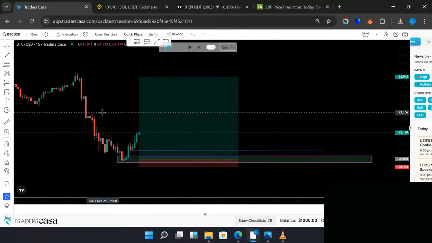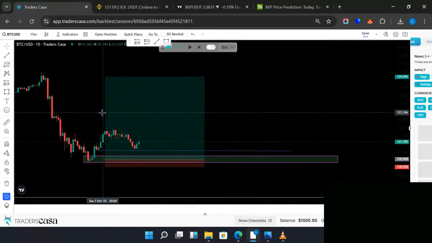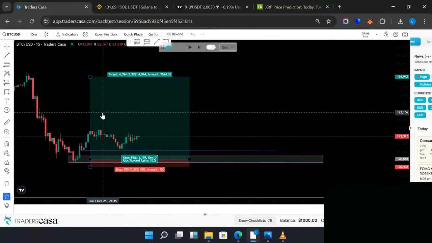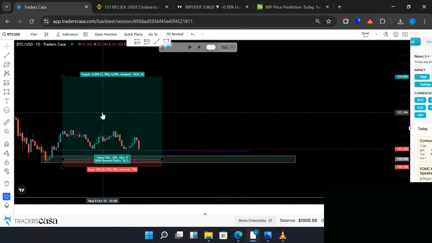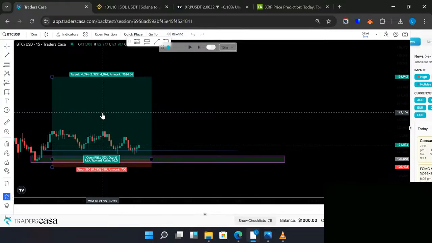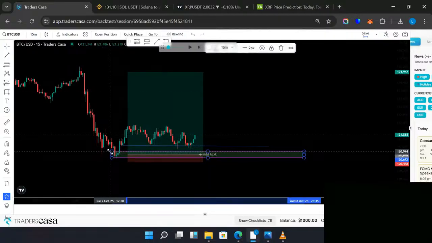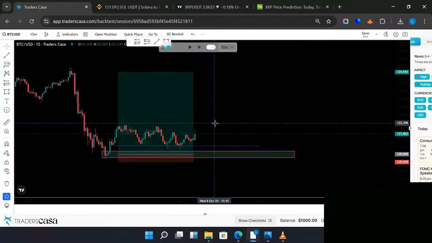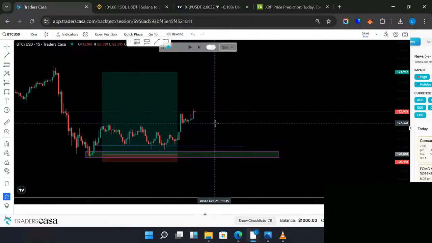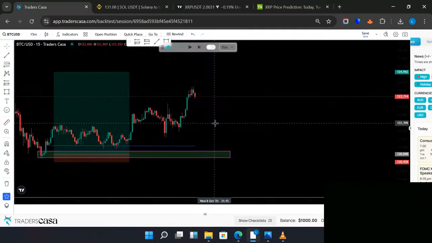That's what he's trying to say. I'll see if that works. Okay, it's just the inducement right now. It's not our order block. Even if we take till here, this part, still not tapped. Don't know if it's going to tap in or not, or I am doing it wrong.